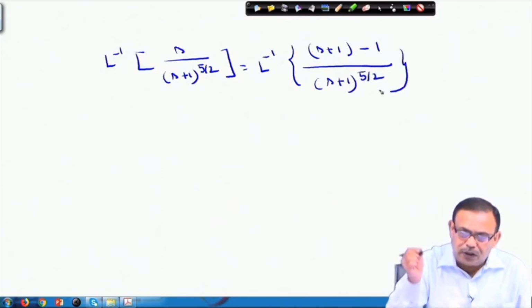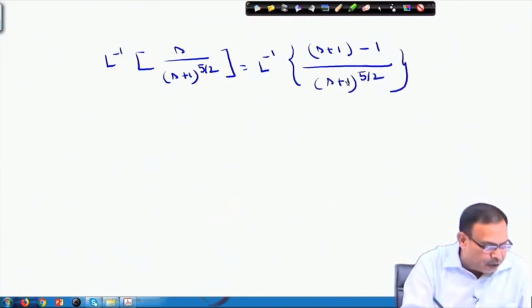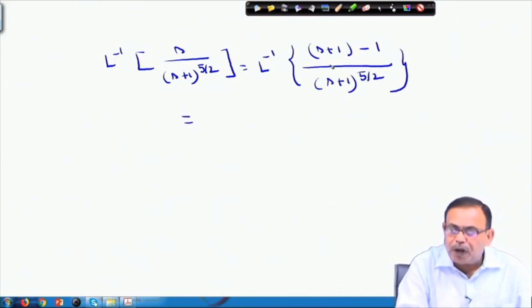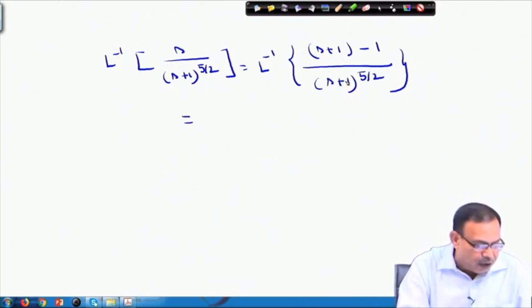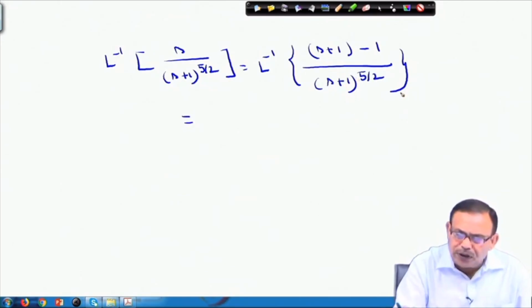I will try to make it so that I can break it into two parts. So, s plus 1 is there, and here also (s plus 1) to the power 5 by 2 is there.